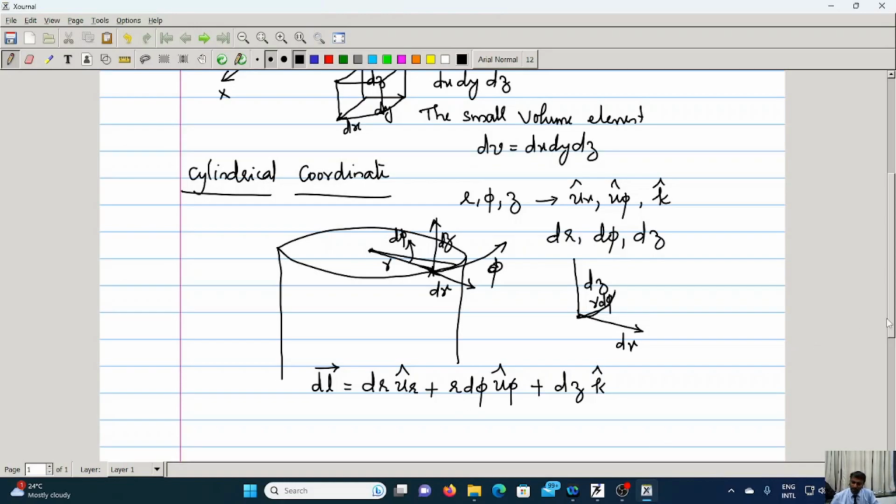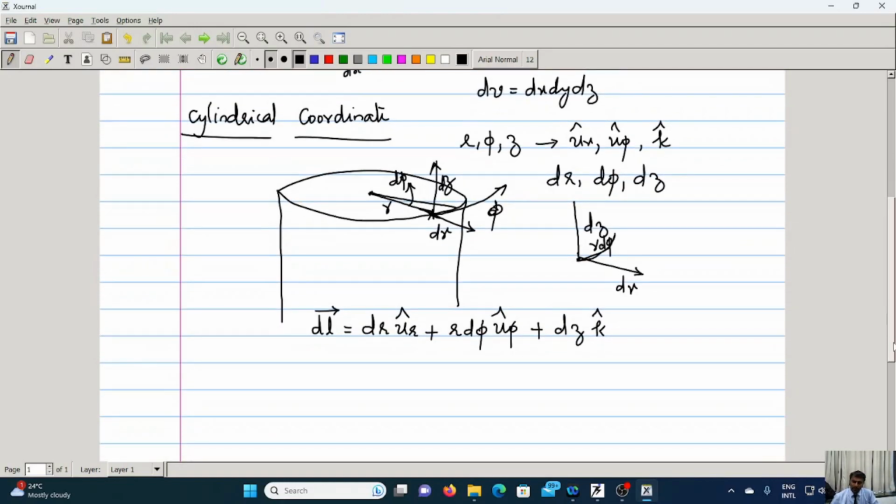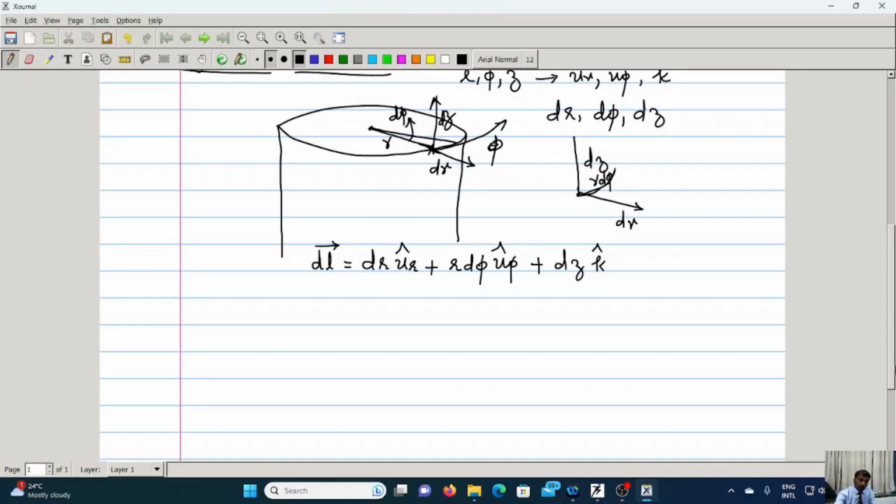Then let me explain about the volume element. If you draw the volume element, we can draw it like this. Now the sides are dr, r into d phi and dz.